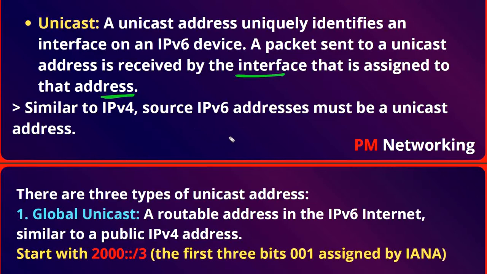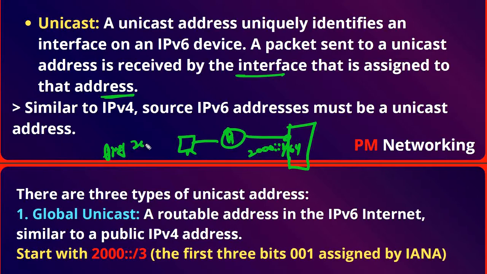Suppose, let me take one example. This is my router and here is one server, and suppose here I am running an IPv6 address, and the address is 2000::1/64, and here is my PC, and if I ping 2000::1, right?